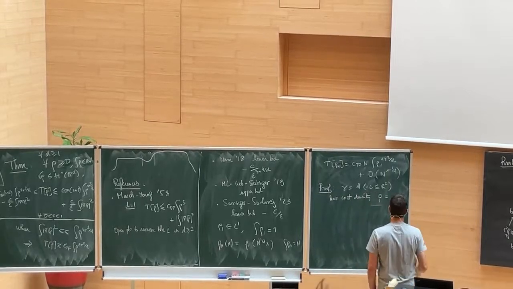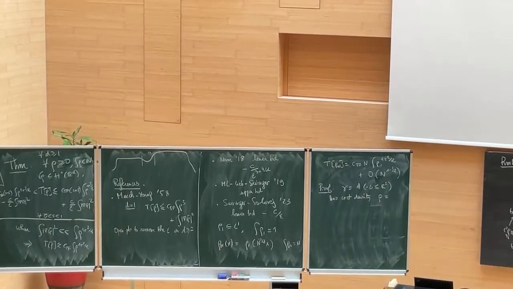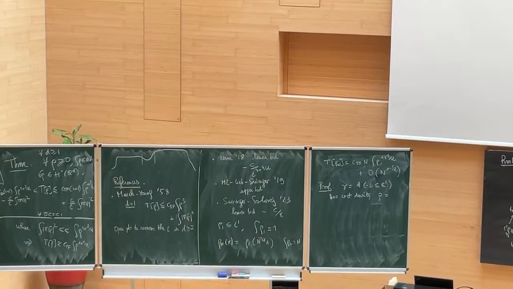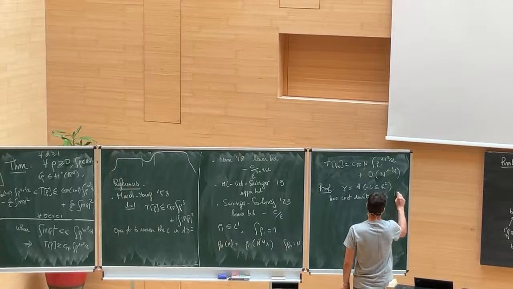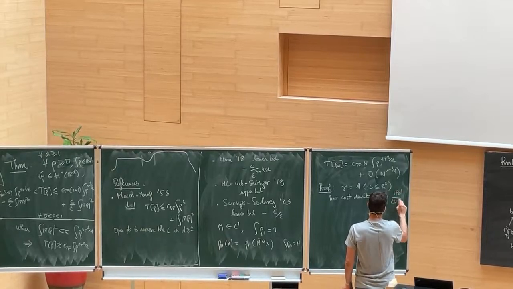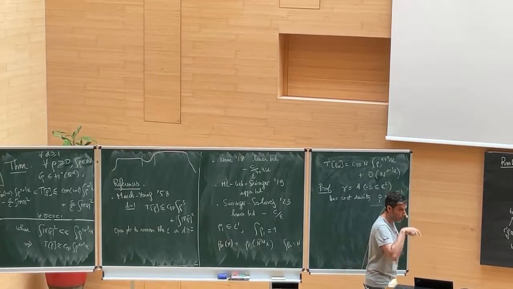Rho that you can compute in terms of R as is written over there. And so that's just the volume of the ball of radius R over 2 pi to the d.